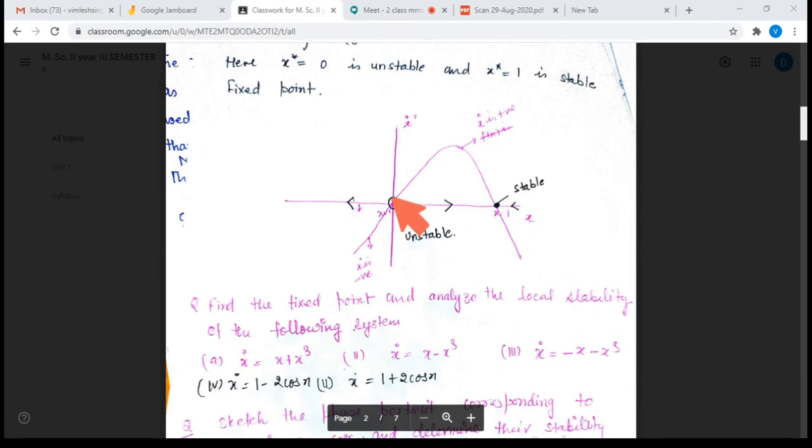Now x equals 0 is one fixed point and x equals 1 is another fixed point. Above the x-axis the velocity is positive, so the arrow moves to the right-hand side.